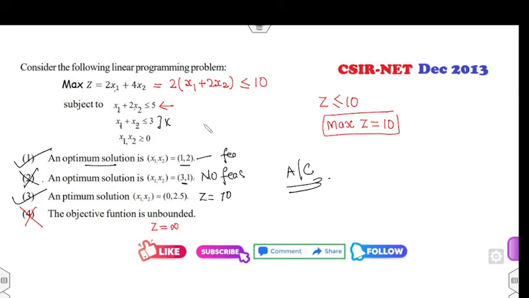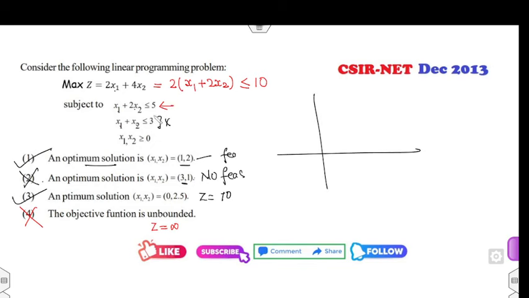You can solve the same problem by the graphical method as well, but there is no need once you see my shortcut tricks. If you want to solve this problem by the graphical method, I can solve it for you. You can see x1, this is my line, 5, this is 2.5, 3 and 3. So this is my feasible area.